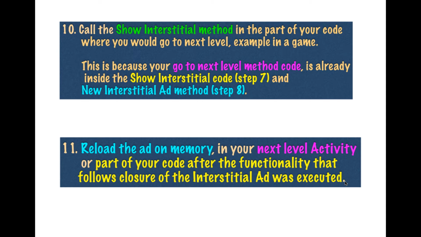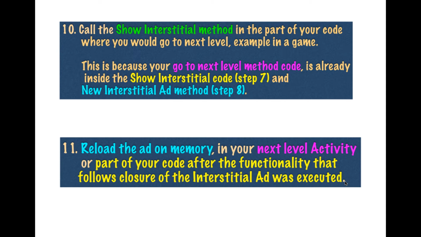So what you have to do is to reload the ad again on the next screen or on the next level, because once the ad was shown or attempted to be shown, it is possible that the ad is not in memory anymore, or the ad was loaded but the user closed the ad, so the ad is not in memory anymore.